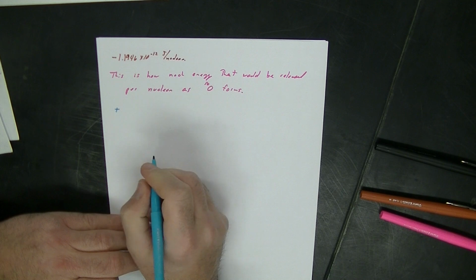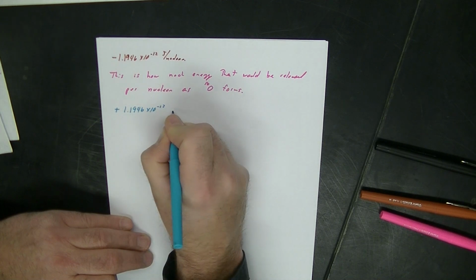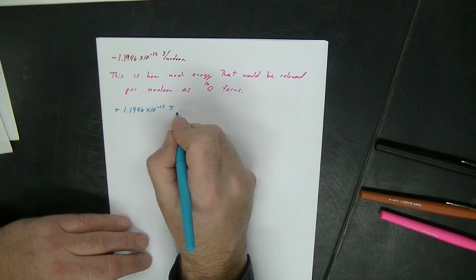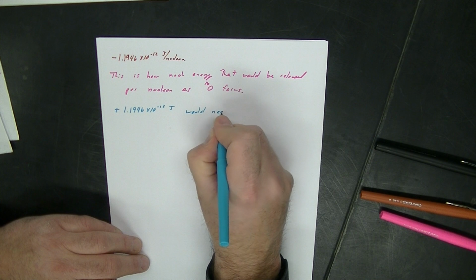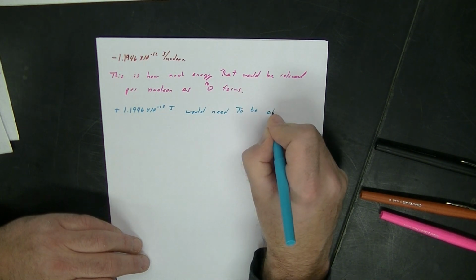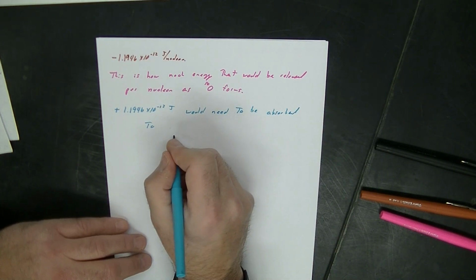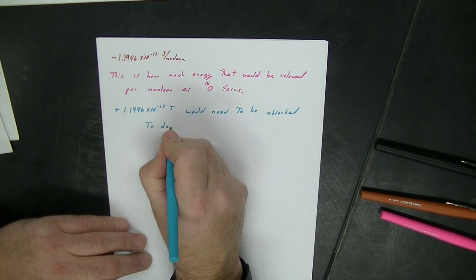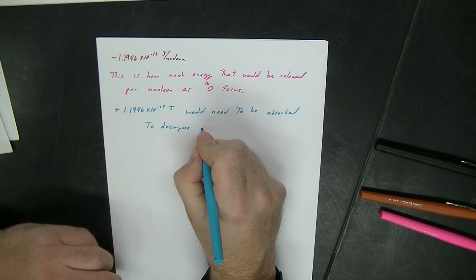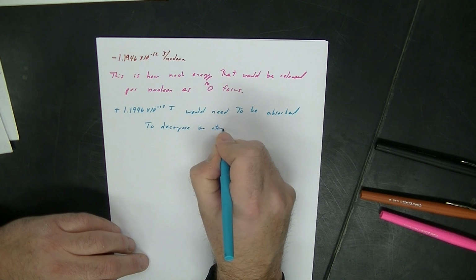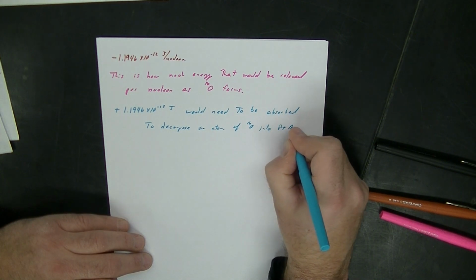So that means positive 1.1946 times 10 to the minus 12th joules per nucleon would need to be absorbed to decompose an atom of oxygen 16 into protons and neutrons.